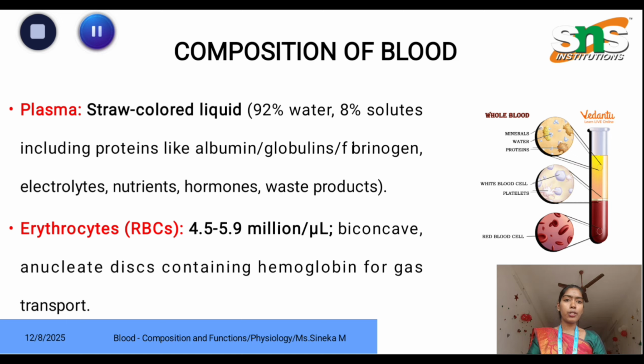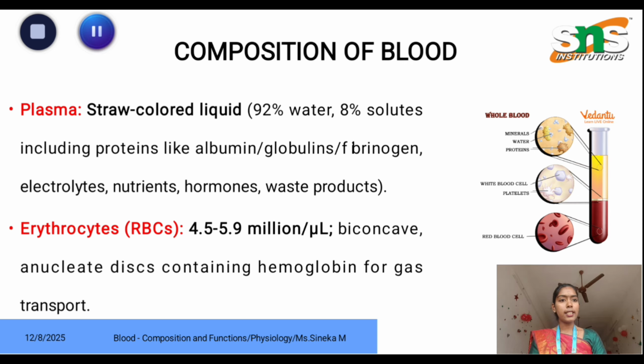Next is erythrocytes, RBC, 4.5 to 5.9 million per milliliter. RBCs are the most important blood cells in the blood, which carry oxygen throughout the body, and they are biconcave in shape. There is a depression on both sides, and they are also enucleate, the absence of nucleus. RBCs usually don't have a nucleus.